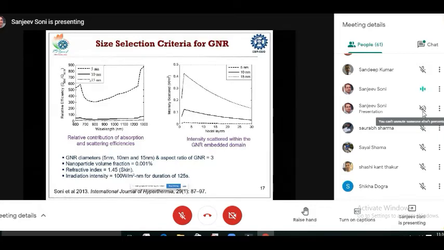If we take three types of particles, of size 5 nanometer, 10, 15 nanometer, then on evaluation, it's clear that the smaller size particles have higher absorption efficiency as compared to the scattering. And also then we can evaluate the corresponding scattered energy by these particles. So ultimately it comes out that we have to use the smaller size nanorods for this application.